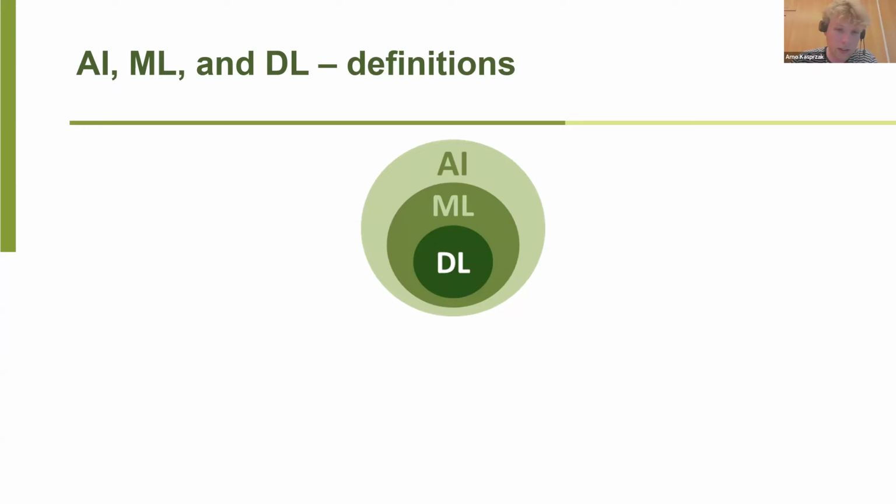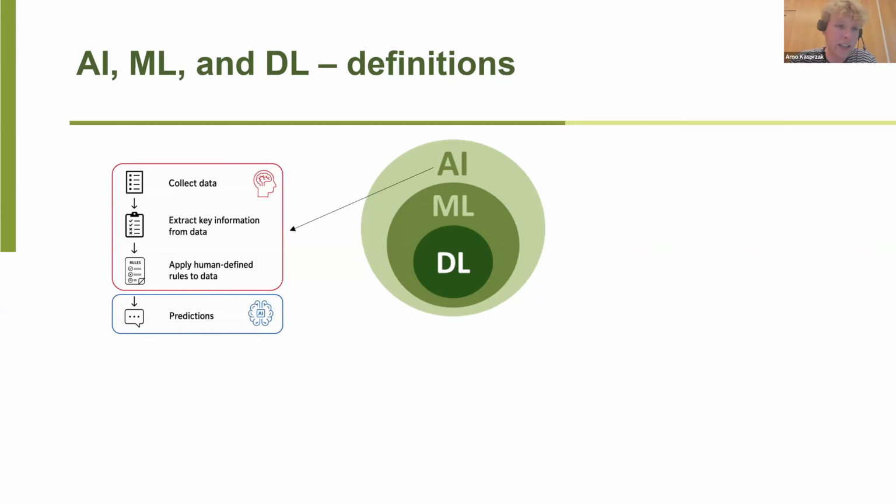But what's now the difference? If we are speaking about AI, then we are talking about all models for which you have to collect data, extract key information from this data, and then apply some defined rules to the data to make predictions.